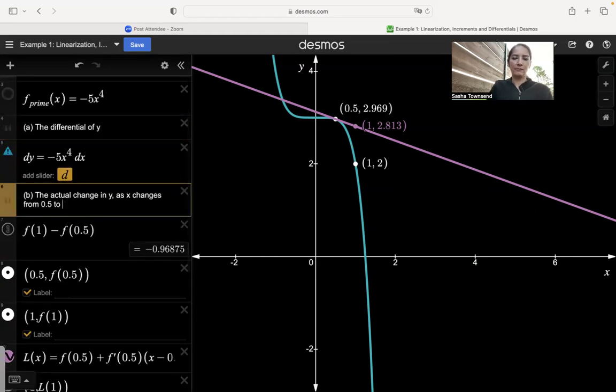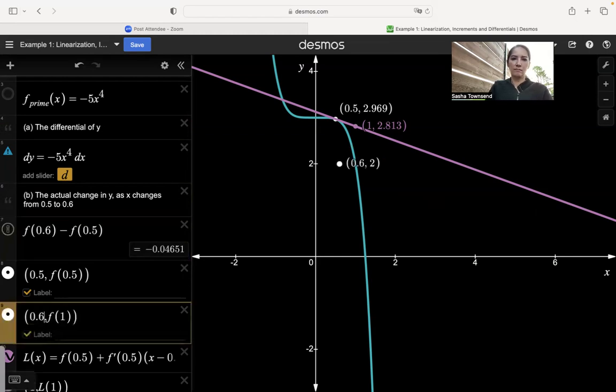So we could go from 0.5 to 0.6. Now those 2 points are almost on top of each other. Then the difference between the y values, the actual change in y, is negative 0.0465.